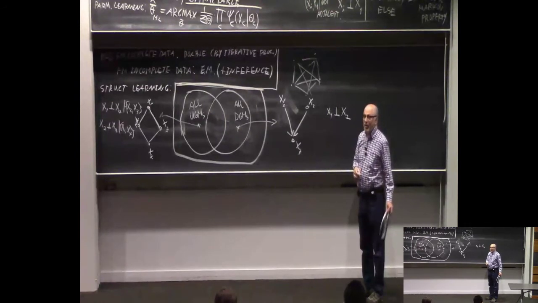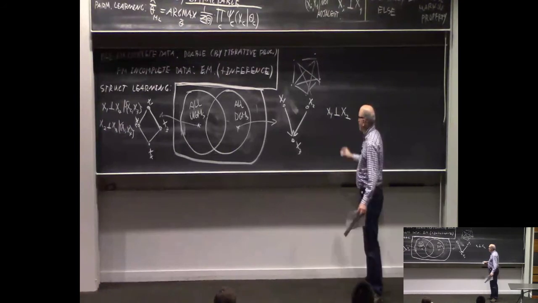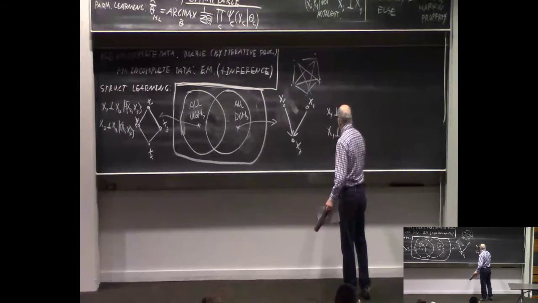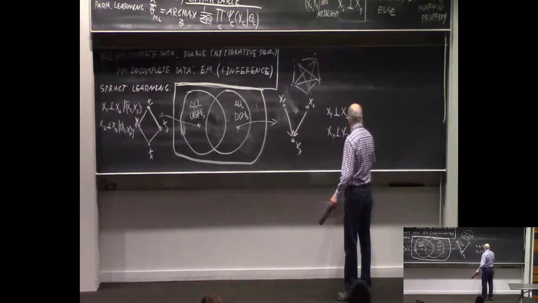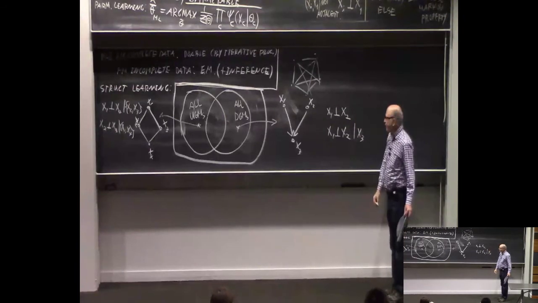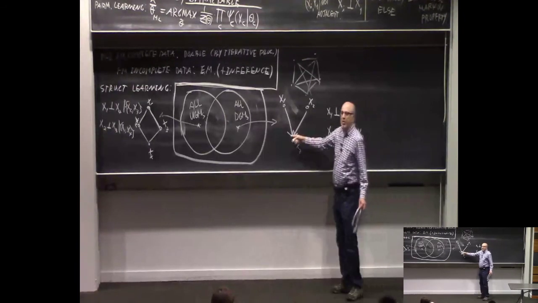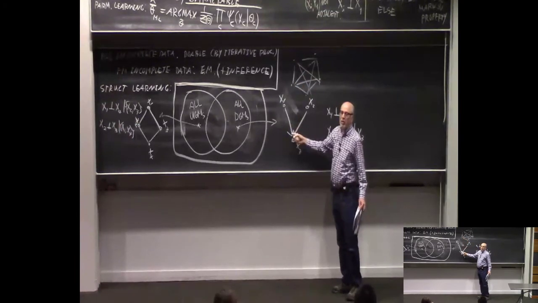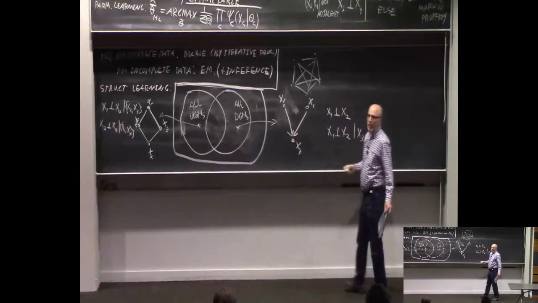Is it independent? Yes. What about this? No, they're not. Remember, this is the opposite of what we have at the top. If you know the common child, you created a relationship. That's what we call explaining away.